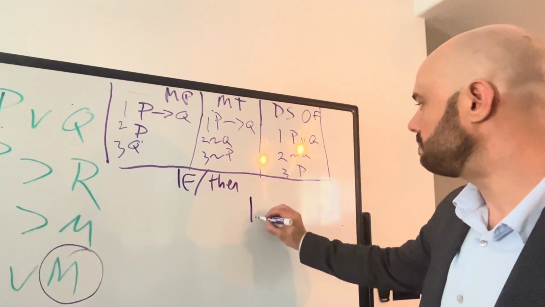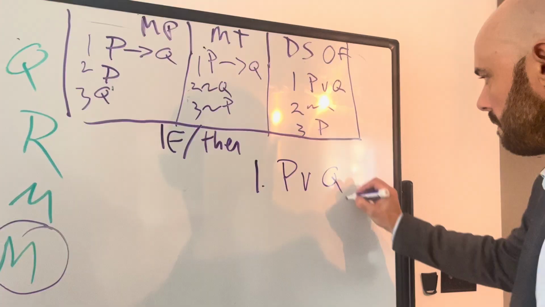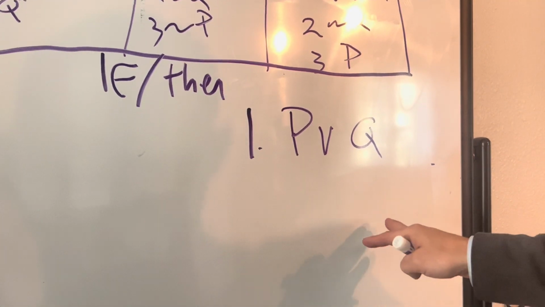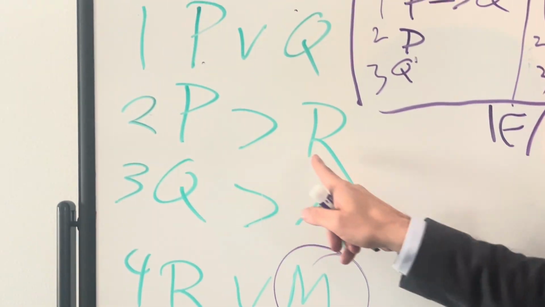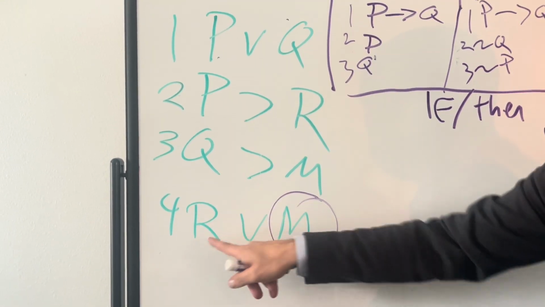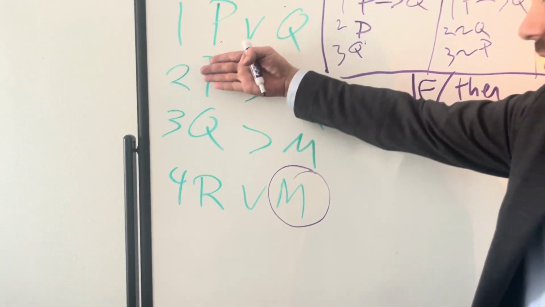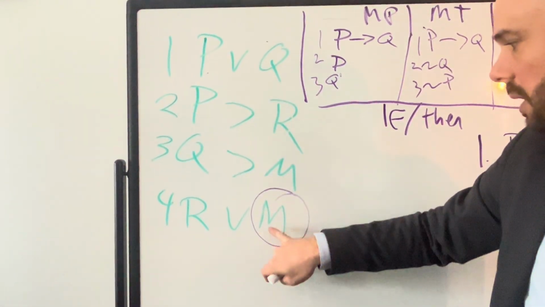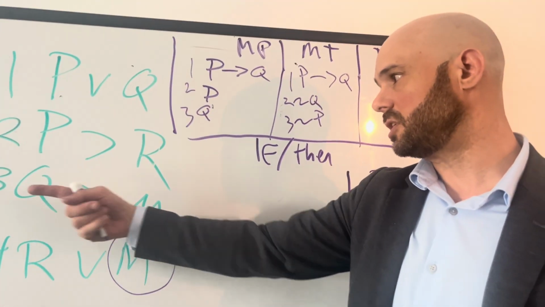The first premise is either P or Q. The next premise has to do with R. Are we talking about R yet? No, not yet. So let's ignore premise 2 for now. Since we're talking about M, let's look at the premise that has M in it, which is premise 3.